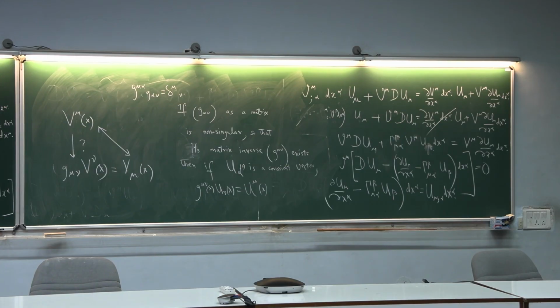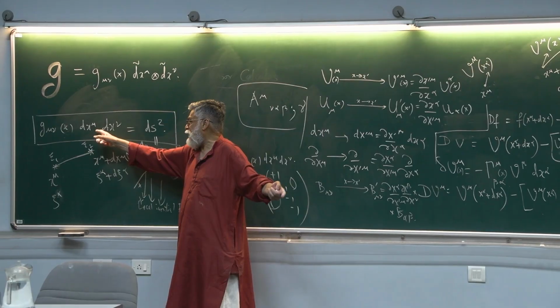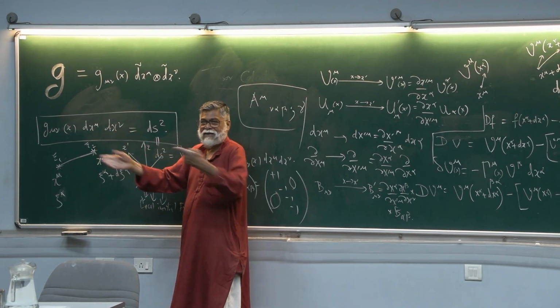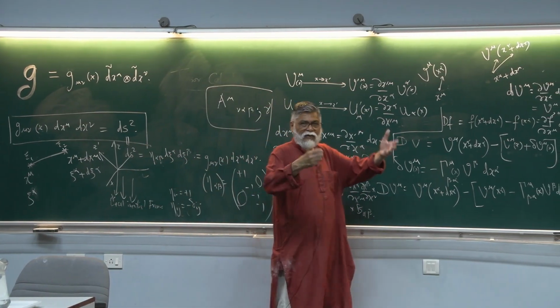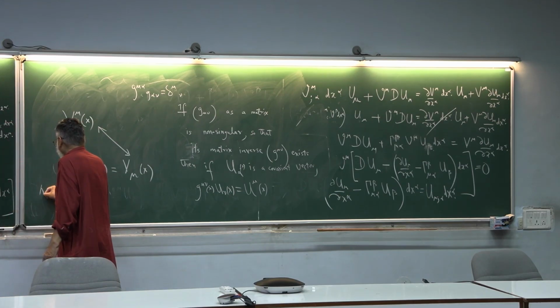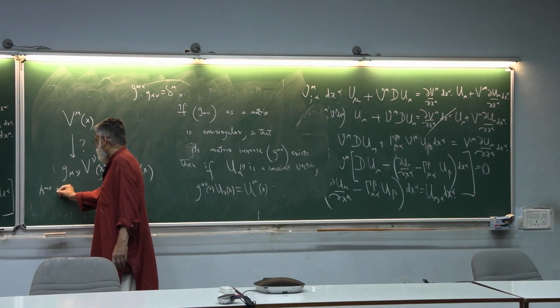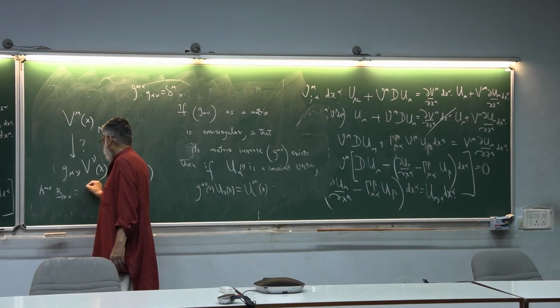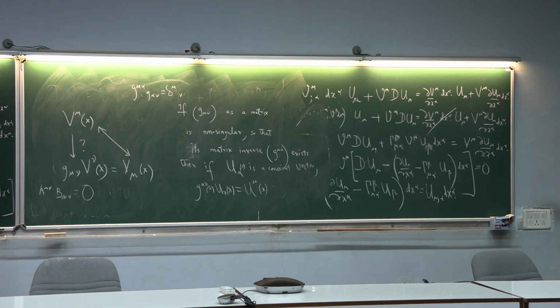But in ds squared, where dx mu dx nu is symmetric, even if there is an antisymmetric term, when you multiply by dx mu dx nu and sum over, it gives 0. It's a trivial proof, and for those who like mathematical exercises, you can show that if you have an antisymmetric tensor, meaning a mu nu is minus a nu mu, and a symmetric tensor, b mu nu equal to b nu mu, then the contraction is identically 0. It can be proved very easily. Does that say something physically?